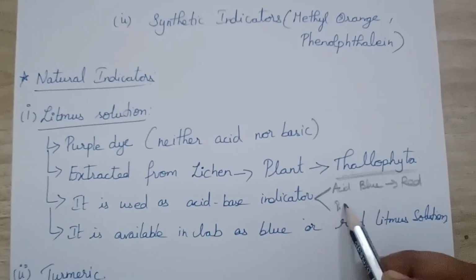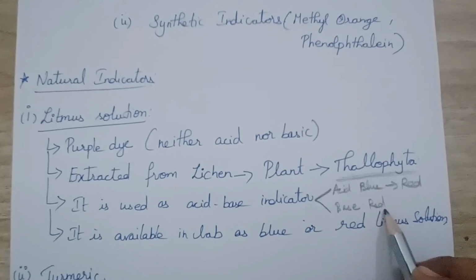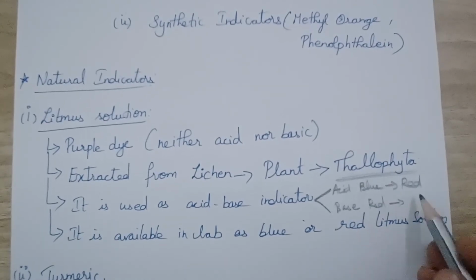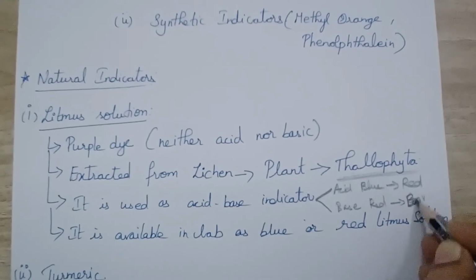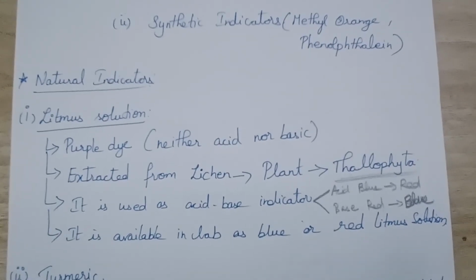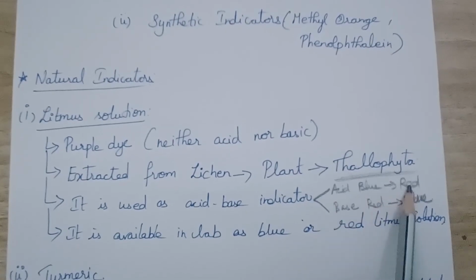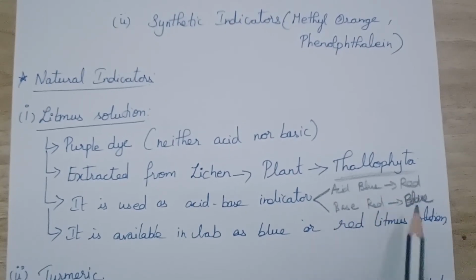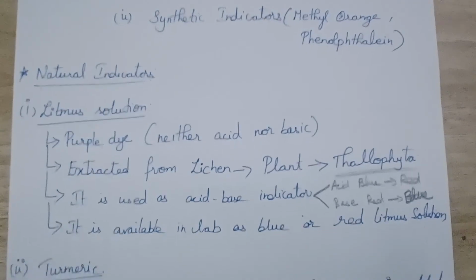In the case of base, red litmus paper is converted to blue. This we already studied. Acid changes blue litmus to red; base changes red litmus to blue. It is available in the lab as blue or red litmus solution, and also as blue litmus paper or red litmus paper.